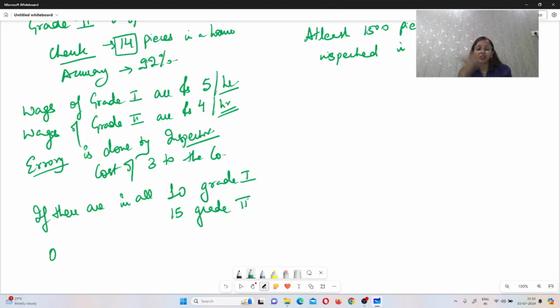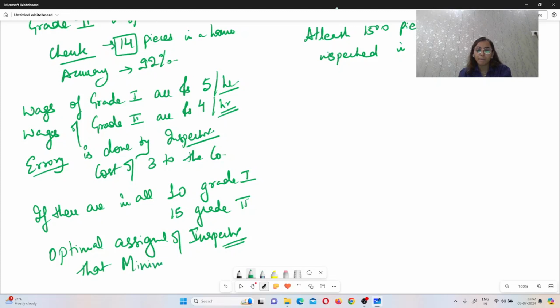Then you, as a linear programming manager, have to find out the optimal assignment of inspectors, and the important point is that the daily inspection cost should be minimum.